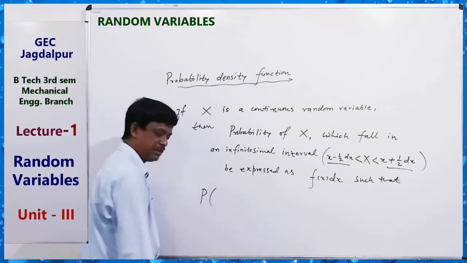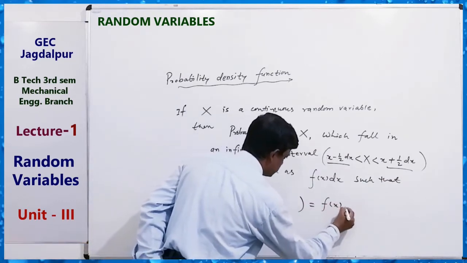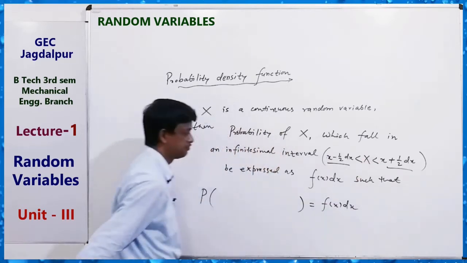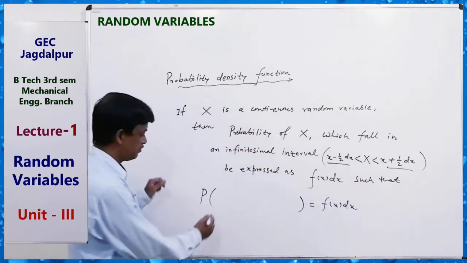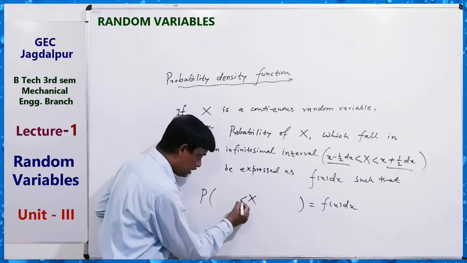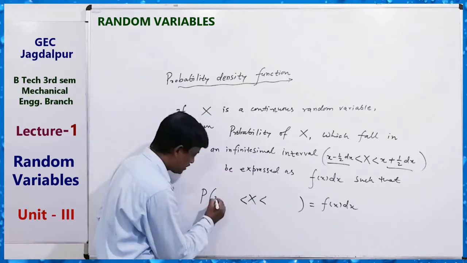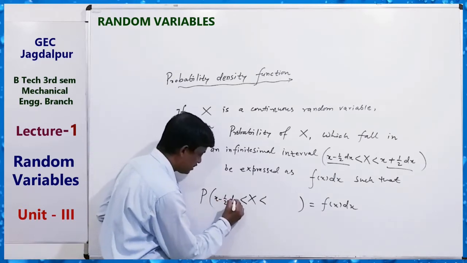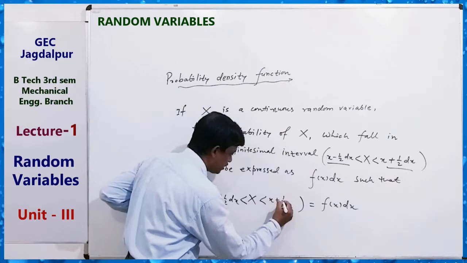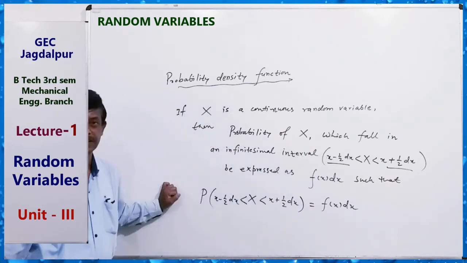We can write the probability of the random variable lying between x minus half dx and x plus half dx equals f(x) dx. Clear?